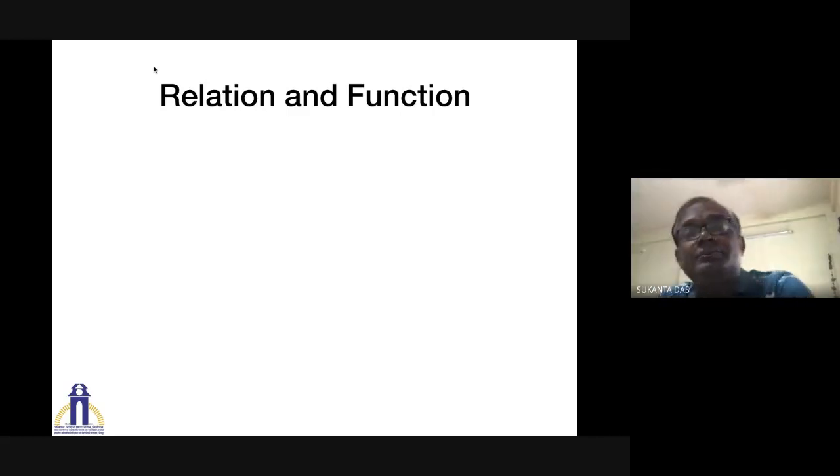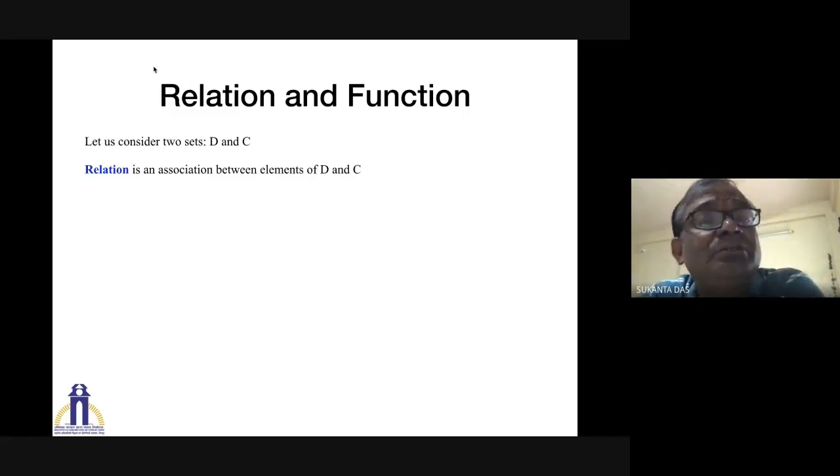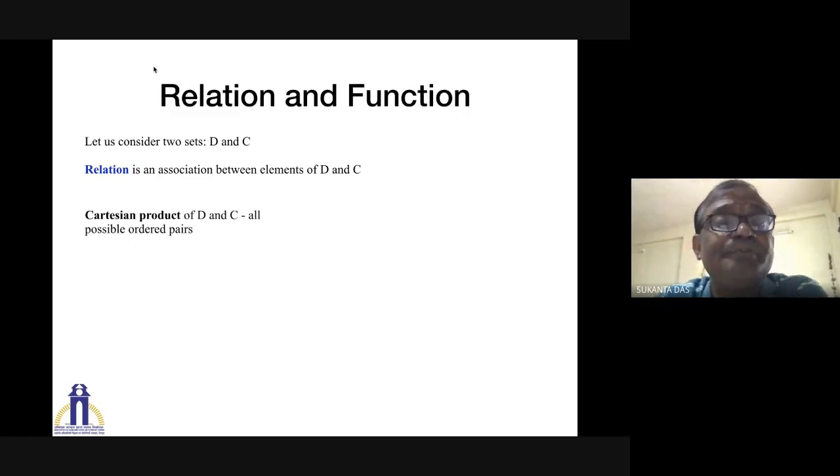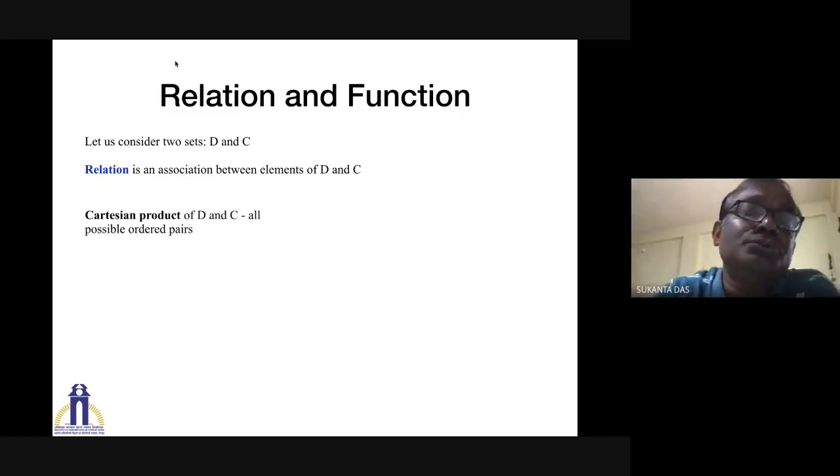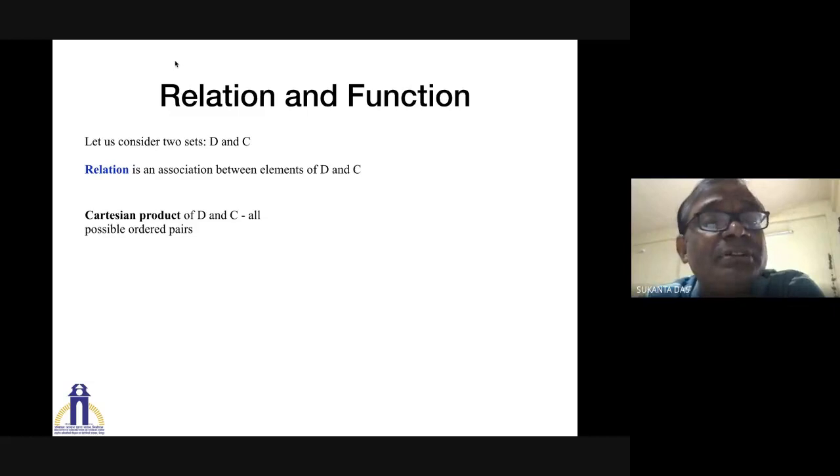So first, let us discuss the relation and function. So to define relation, we consider two sets. Say two sets D and C, and relation is actually an association between the elements of D and C. So to define it mathematically, let us first discuss the Cartesian product of two sets.